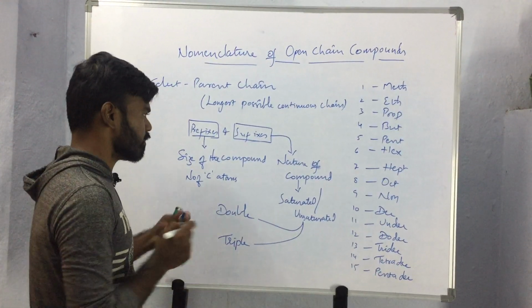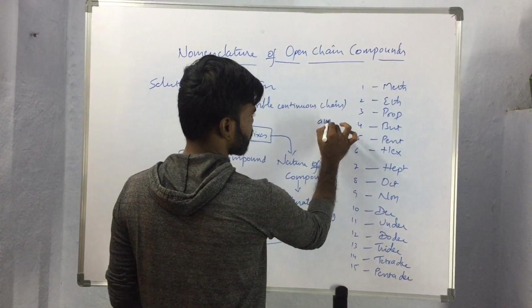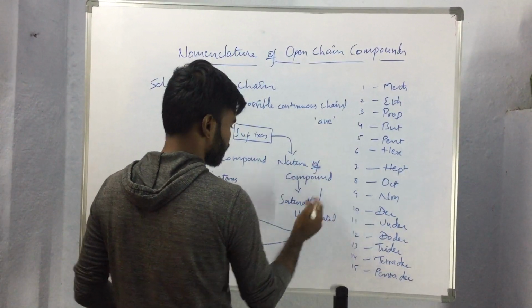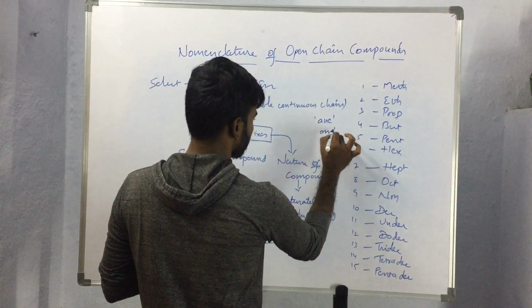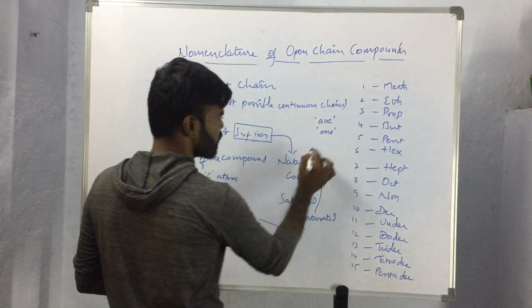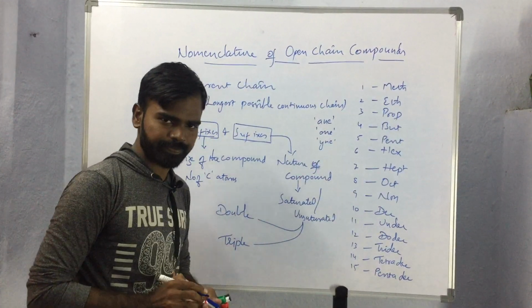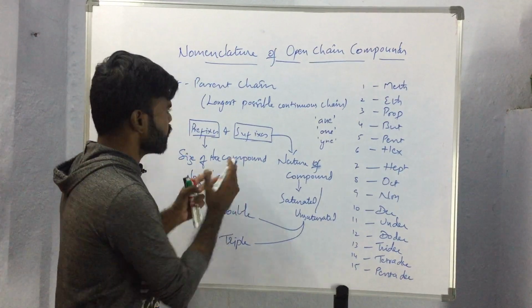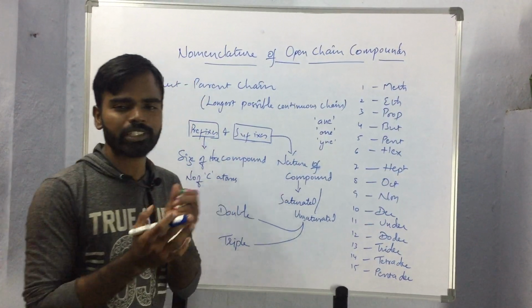If the nature of the compound is saturated, we will be using the suffix "ane." If it is unsaturated, that means the presence of a double bond, we will be using the suffix "ene." If it is a triple bond, then we will be using the suffix "yne." Okay, so like this we will be giving the names to the open chain compounds.